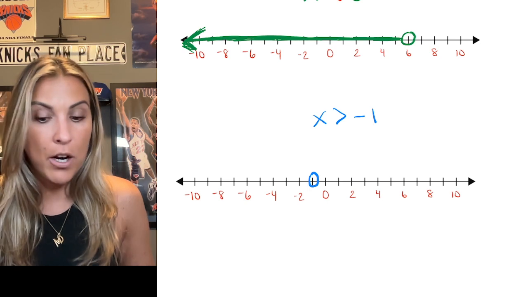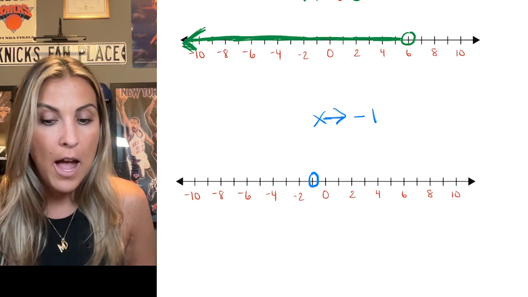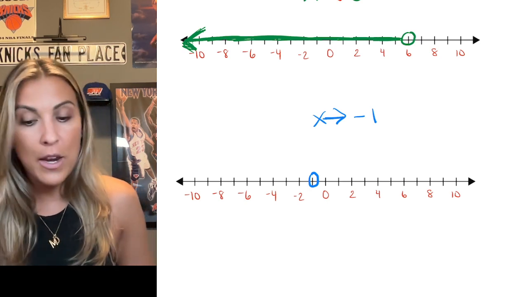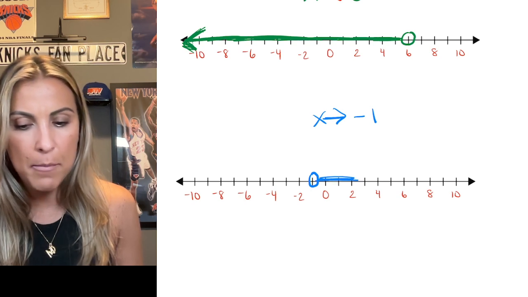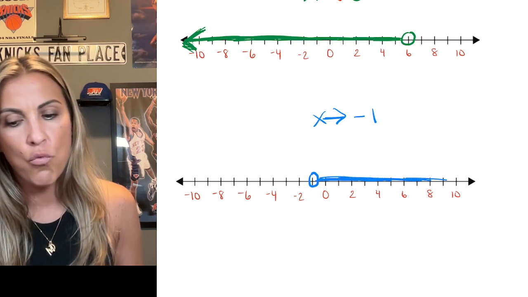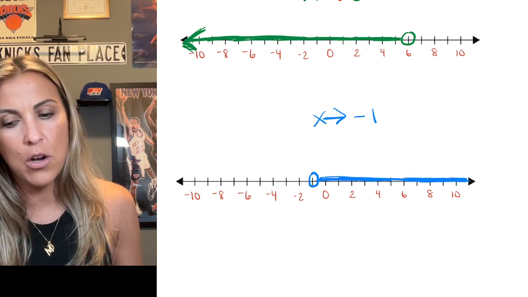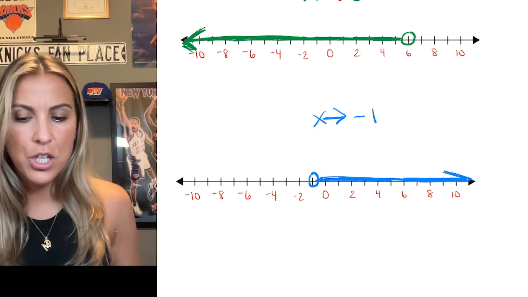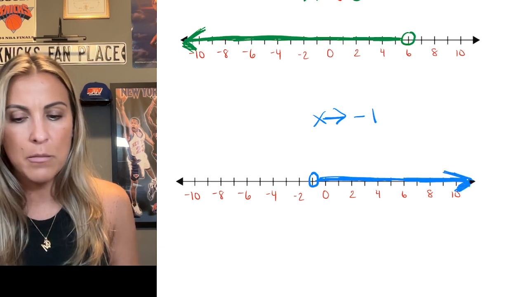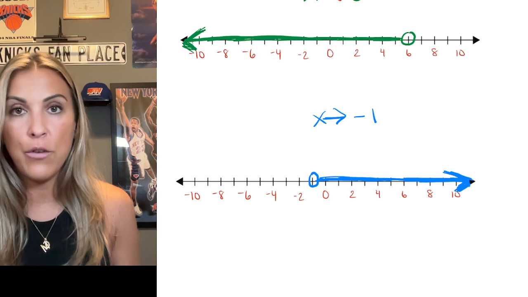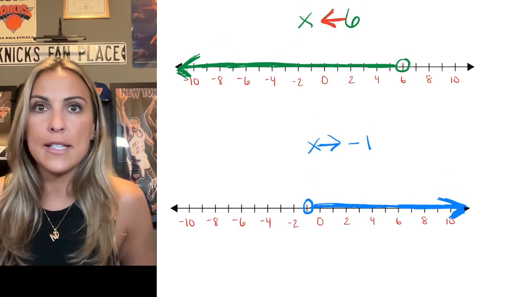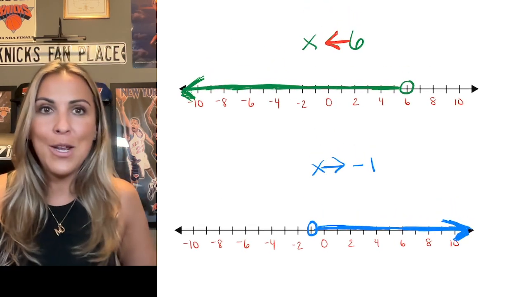All right, and my variable's on the left, so I can follow that direction. I'm looking for all the numbers that are bigger than -1, and that means all the numbers to the right of it. So I'm going to shade all those numbers to the right. I'm going to shade an arrow at the end showing me that there's more numbers that work because there's infinitely many solutions here. All right, so that is how you graph and read inequality symbols.